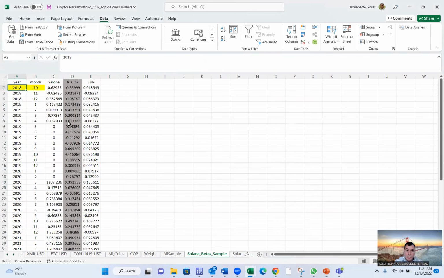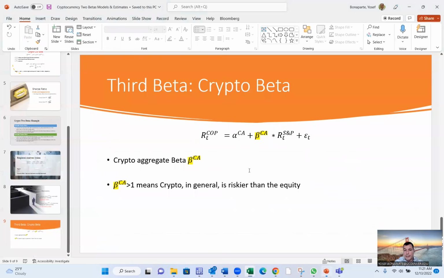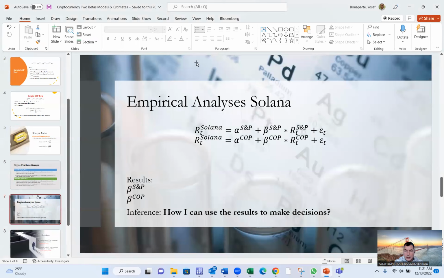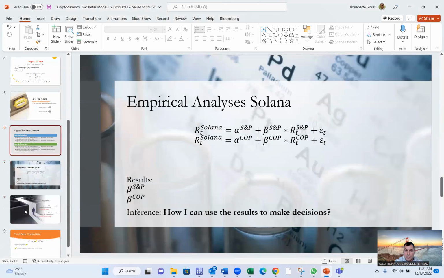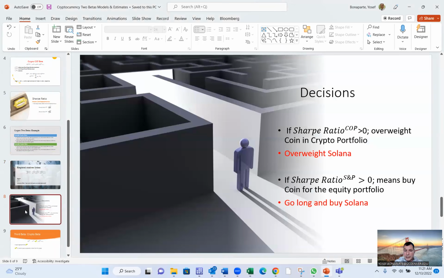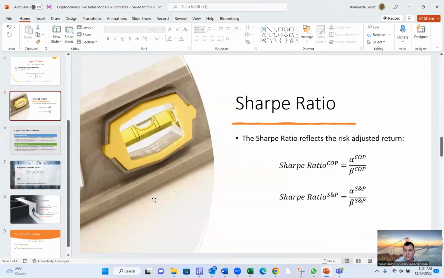And then two regressions. One, Solana return over the S&P, and the other, Solana return over the COP. Then calculate the Sharpe ratio and gather inference. Here is a way to calculate the Sharpe ratio based on the alpha and the beta.